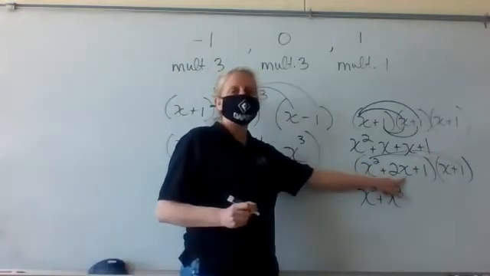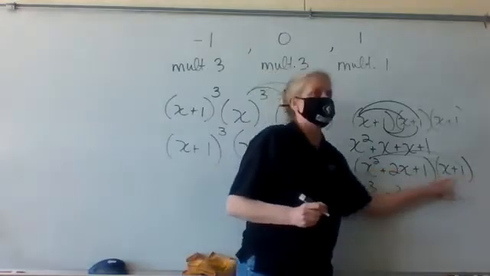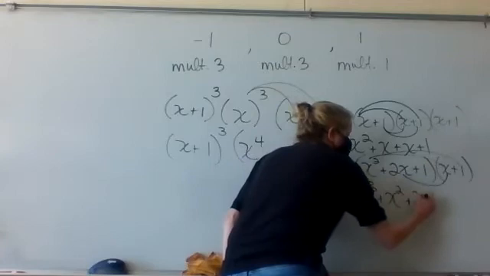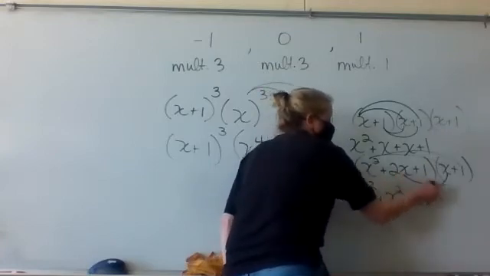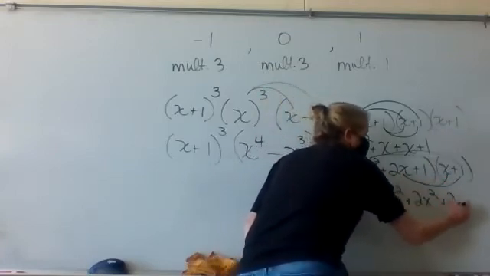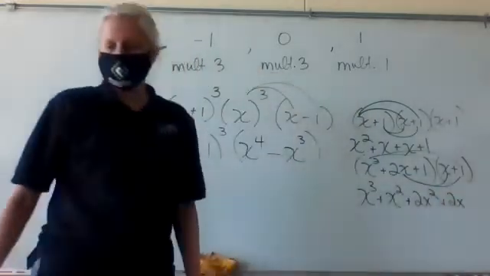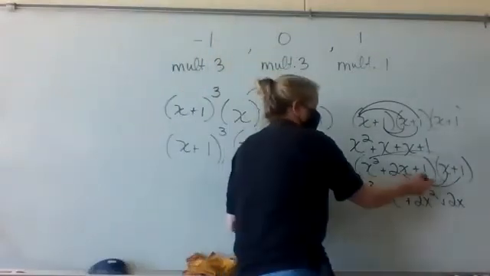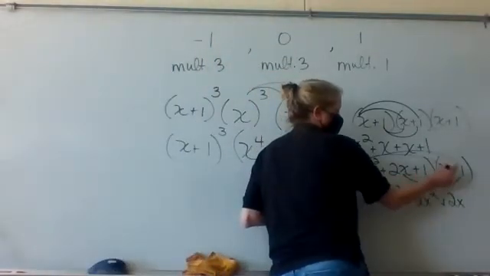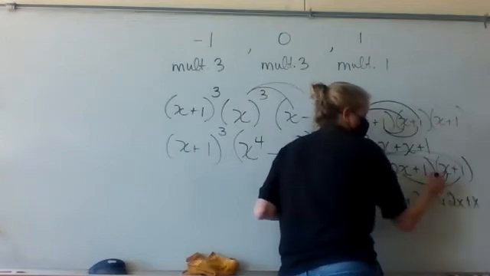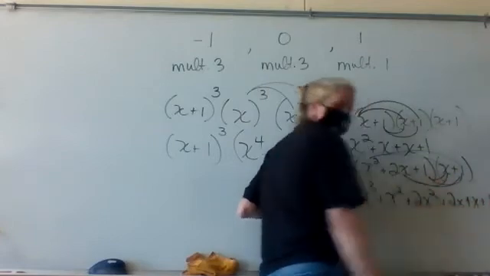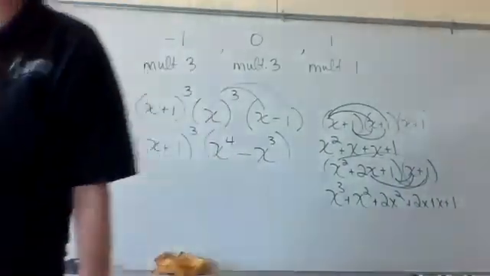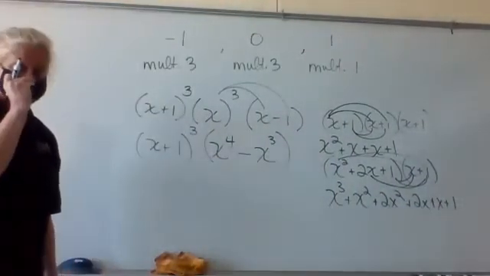Now I'll move on to the 2x and distribute it to both of these. So 2x times x is 2x squared. 2x times 1 is 2x. I'm done with the 2x. Now I'll move to the 1. 1 times x is x. 1 times 1 is 1. And clean that up.